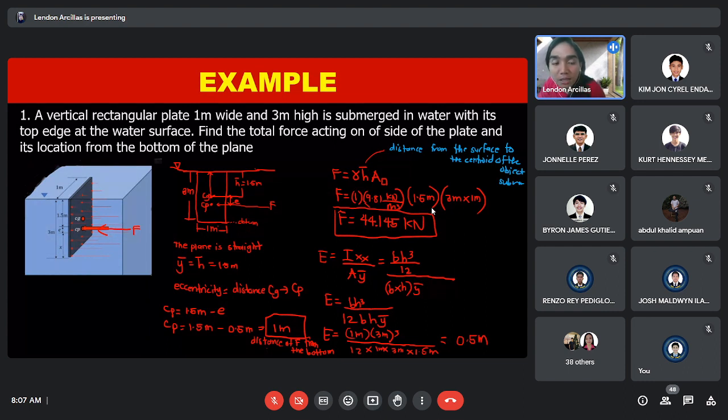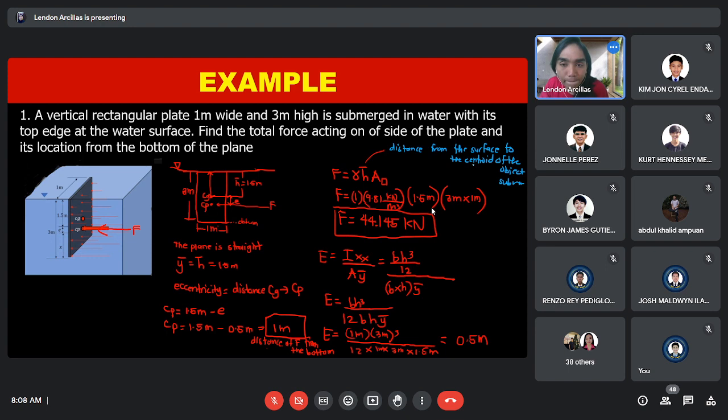There are also times ng object ay nasa mga ilang metro sa surface. Okay? So for this type of example, yung object ay nasa surface. So may ibibigay din na nasa baba yung object sa surface. So magdedepende kung ano yung value ng H bar. So alamin lang yung definition ng H bar, that is yung distance niya from the surface to the centroid.